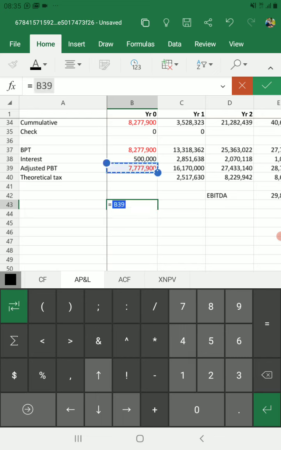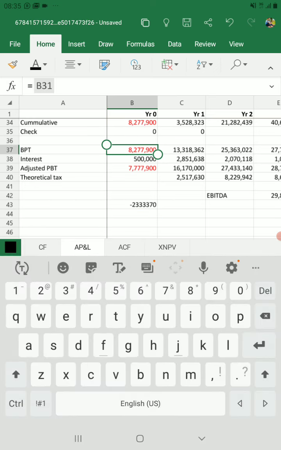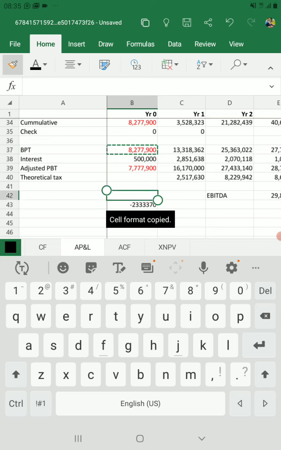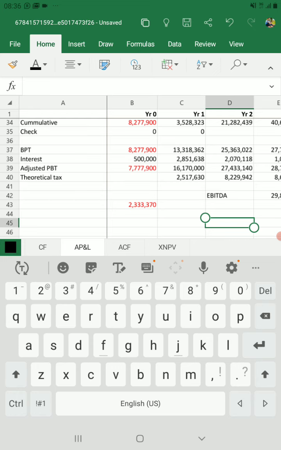Then when you multiply this figure by the 30% tax rate, you get 2.3 million. So that is the figure that created the difference in the NOPAT approaches.